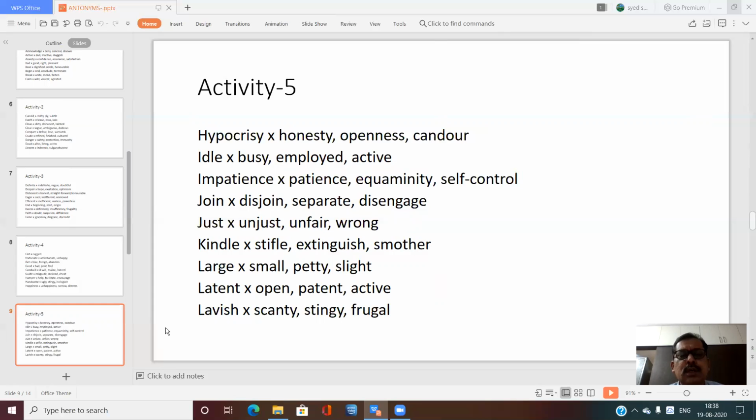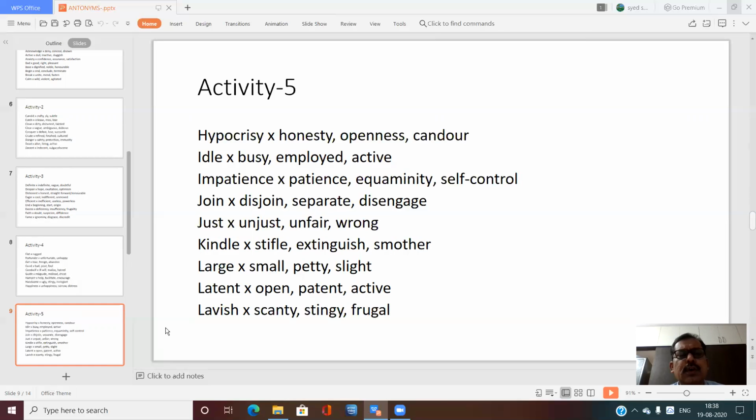Opposite words: patience, equanimity, self-control. Impatience means not having tolerance, not having the habit of waiting and seeing the result, the process.